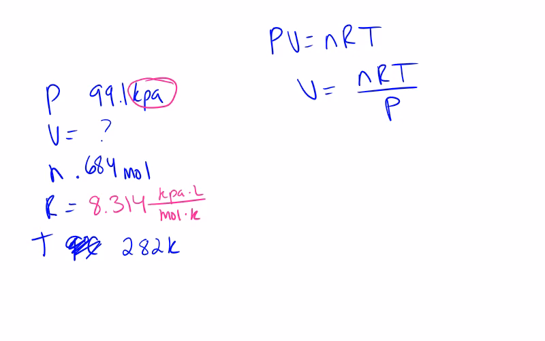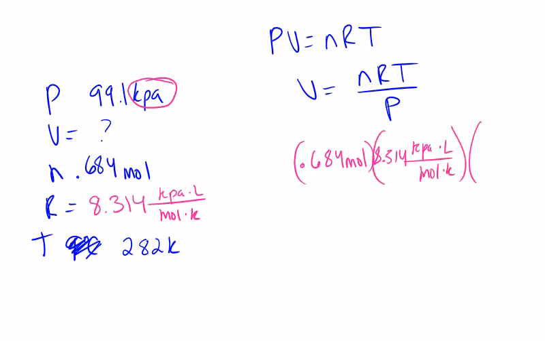Alright, so let's go ahead and plug these numbers in. We got 0.684 moles multiplied by that R, 8.314, and 282 Kelvin, just plugging it into this formula up here. And then our pressure was 99.1 kPa.